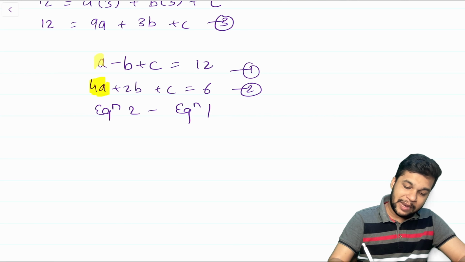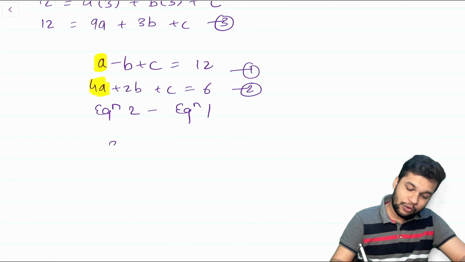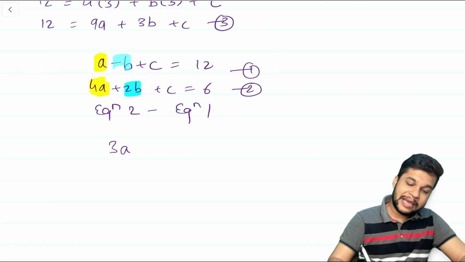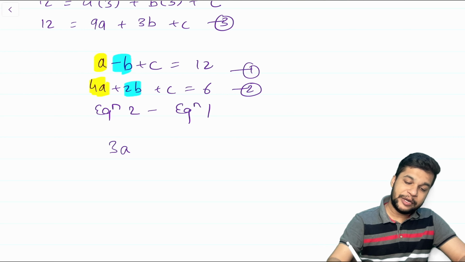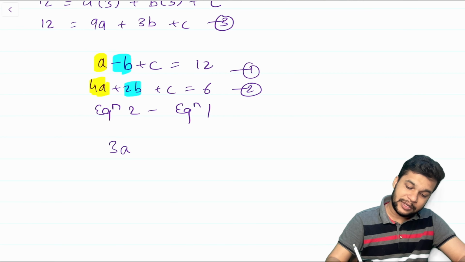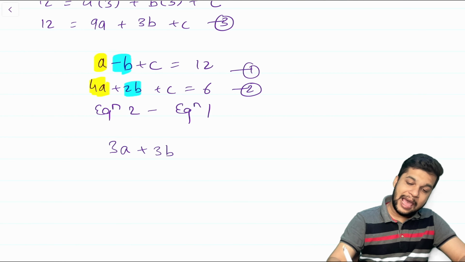So 4a minus a will be 3a. Then 2b minus b will be 3b. And c minus c will be 0.